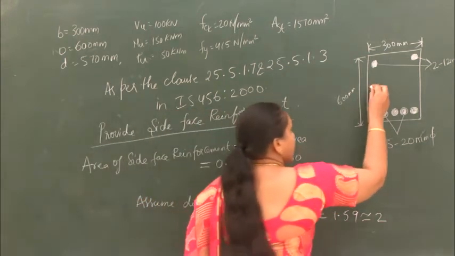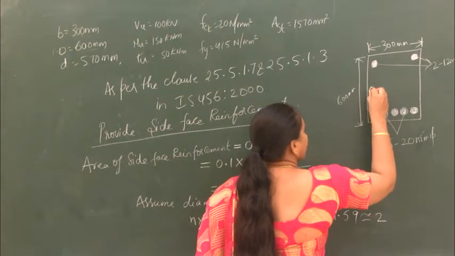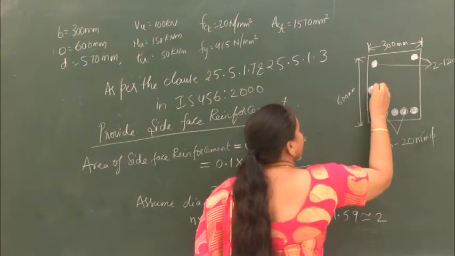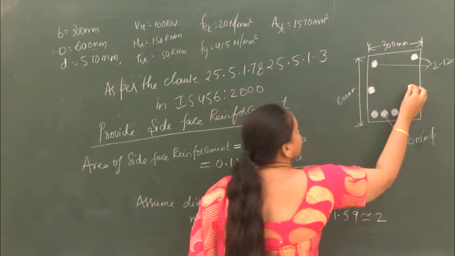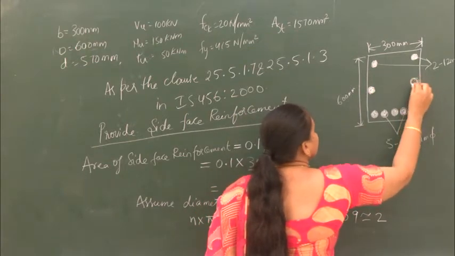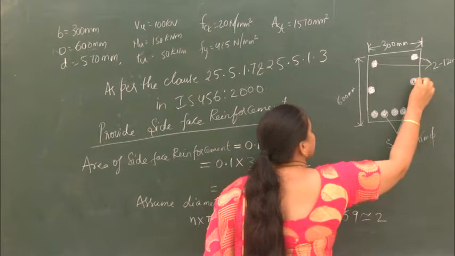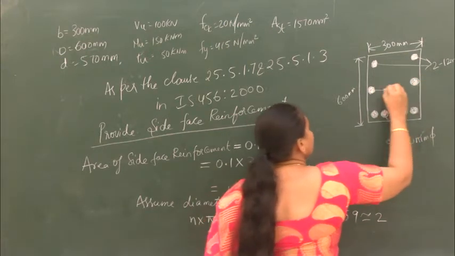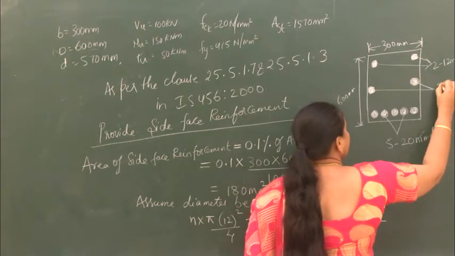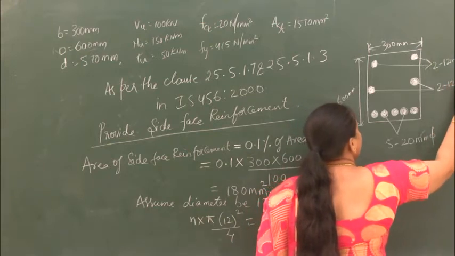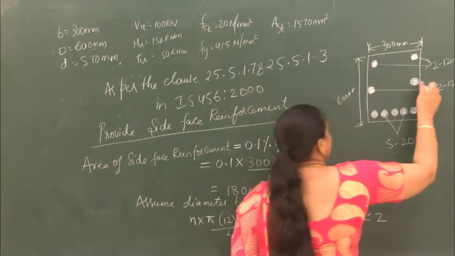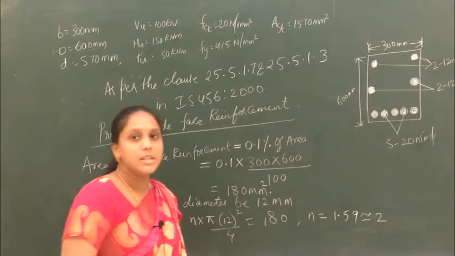So in the middle I am going to provide 2 bars. These are the 2 bars of 12 mm dia which I am providing as side face reinforcement.